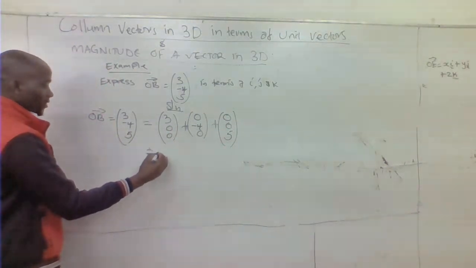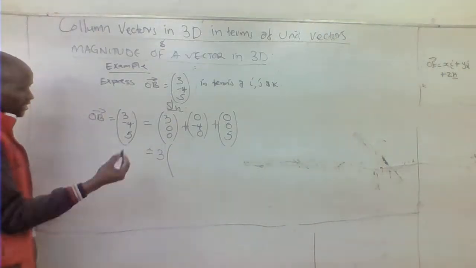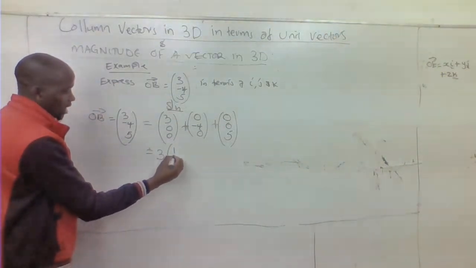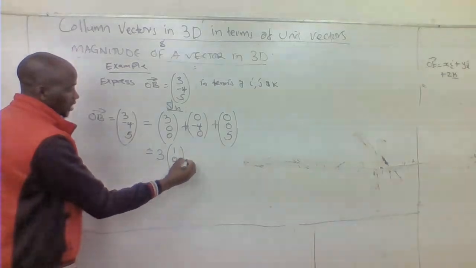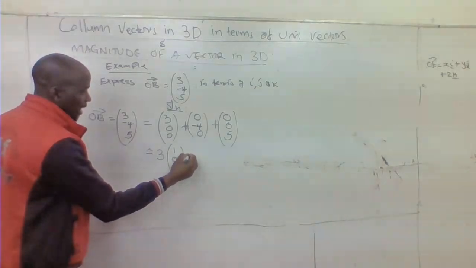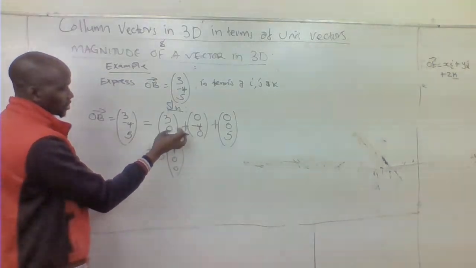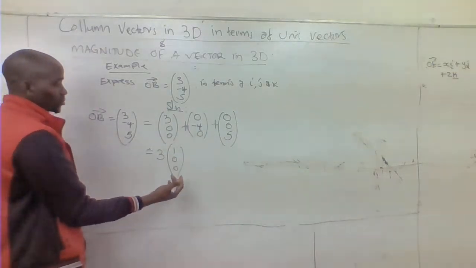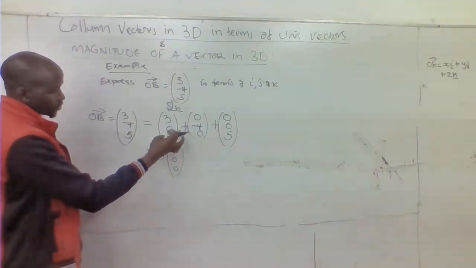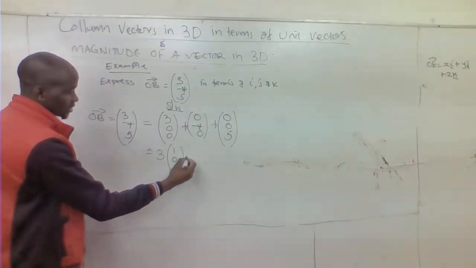Now we can factor out what is common here. So we have 3, which is a scalar, then (1, 0, 0), then plus. When you factor out the negative, this one is going to be negative, because positive times negative gives us a negative.